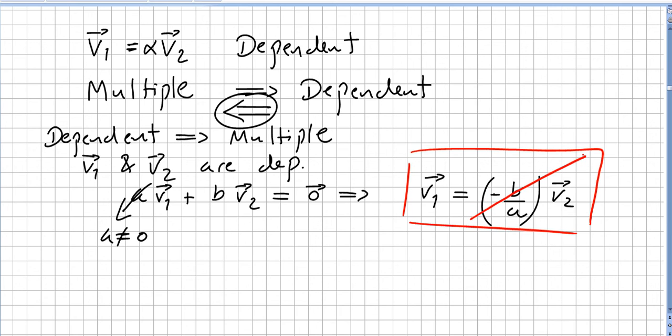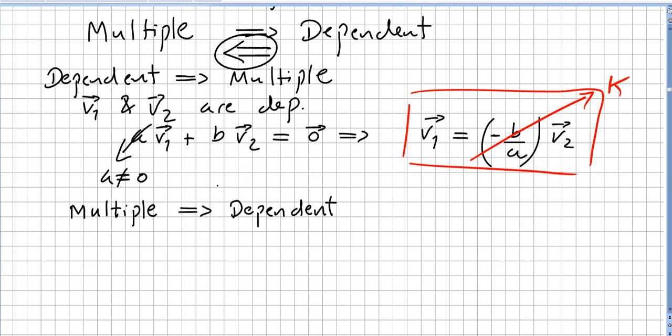Because this will be your new k. Let me prove in the other direction now. Let me prove that multiples means they are dependent. So the vectors are multiples of each other, so v1 can be written as k v2.